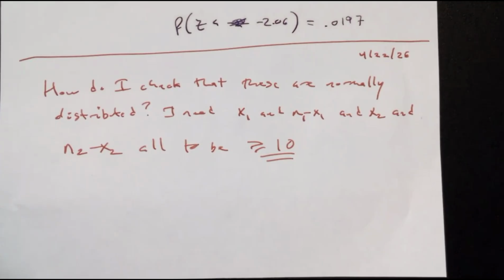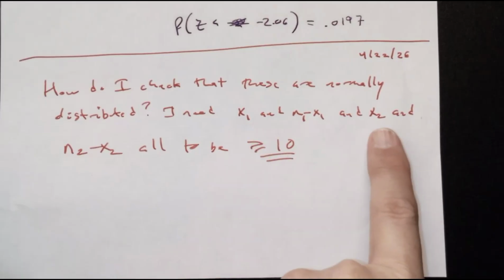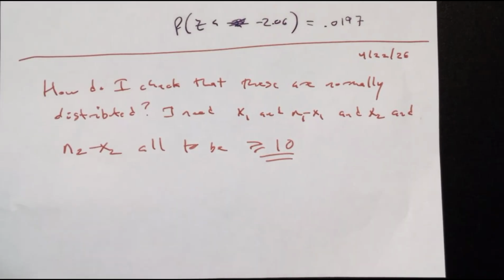How many dozen eggs were we using? So this is my workaround. I can assume normality when there are at least 10 in the yes pile from group 1, the no pile from group 1, the yes pile from group 2, the no pile from group 2.